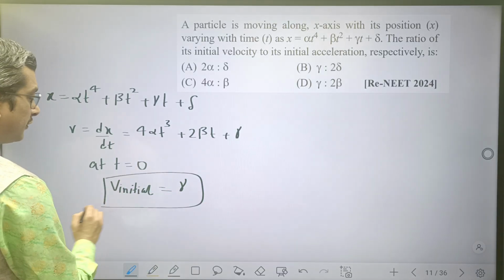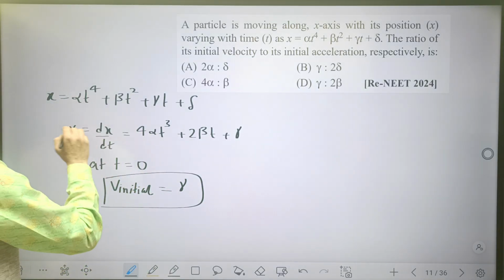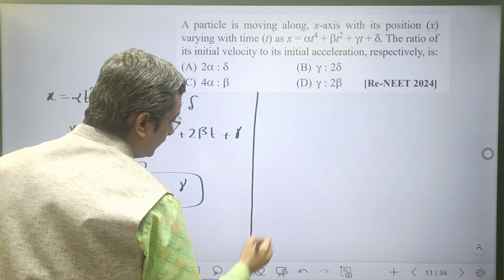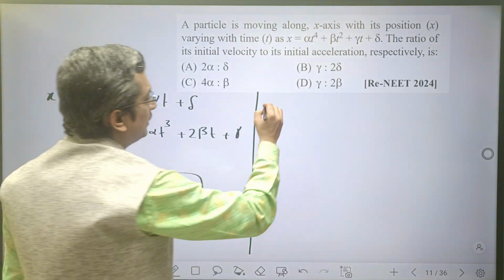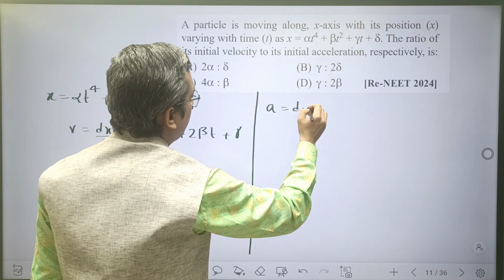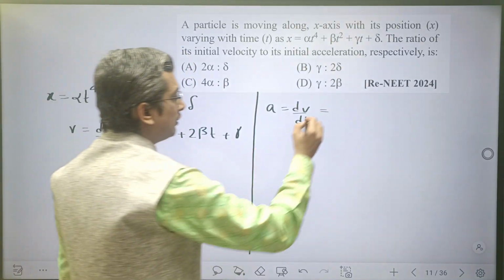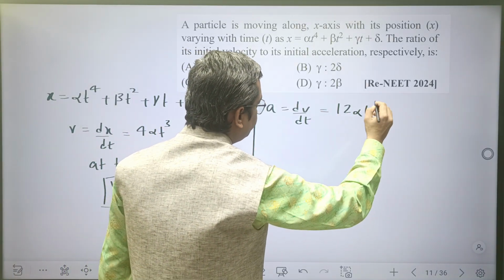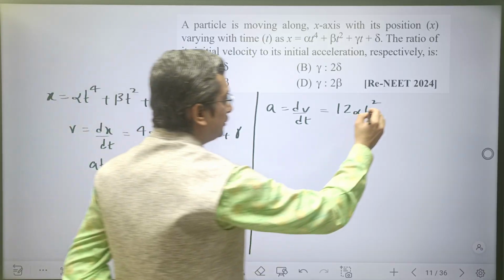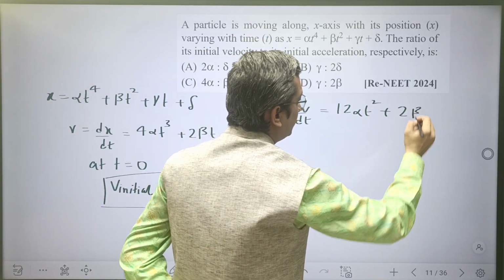So this is the initial velocity. Put t is equal to 0 in the expression of velocity, you get the initial velocity. Similarly, to find acceleration, we have to differentiate velocity, and that will be 4 3s are 12 alpha t square plus 2 beta.